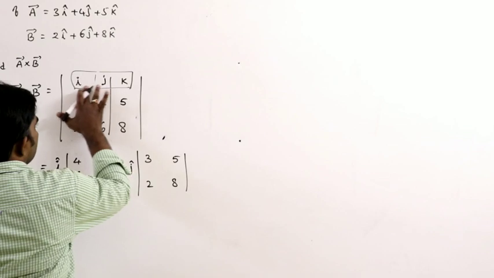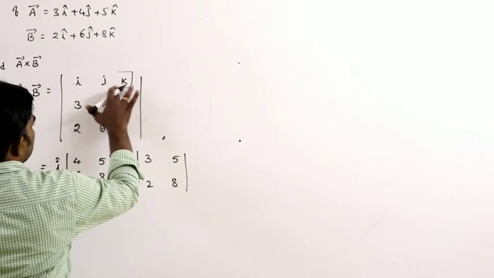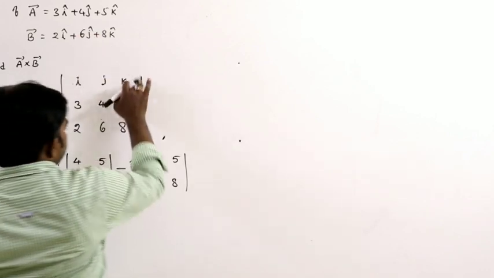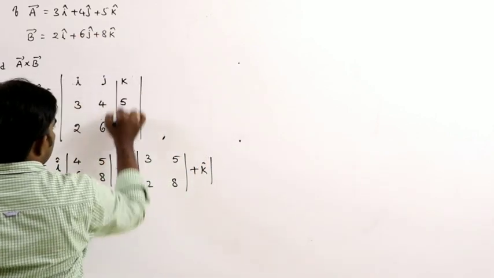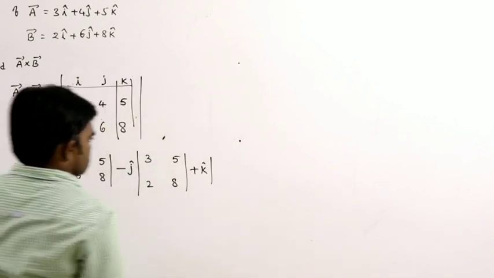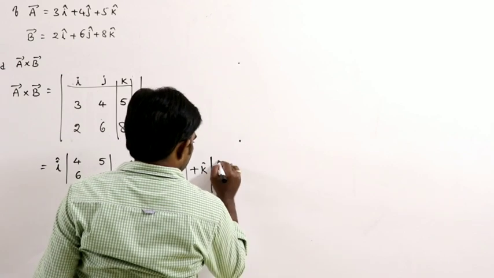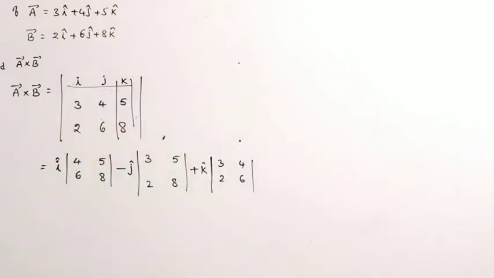Next, plus k into, forget about this one and this one. What are the remaining? 3, 4, 2, 6. So these are the terms.